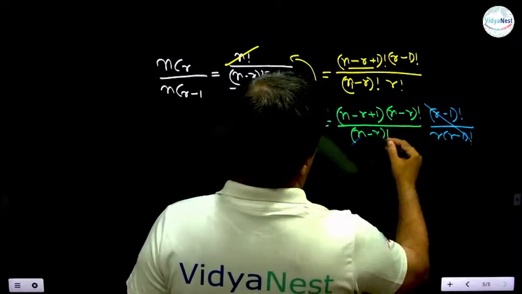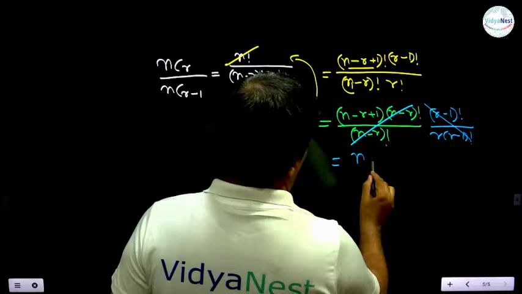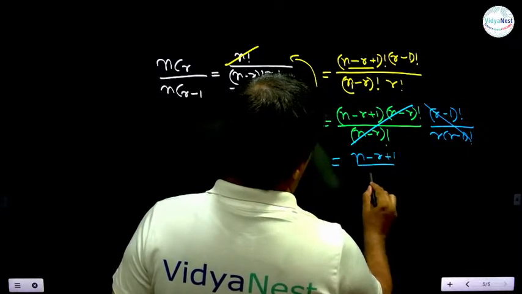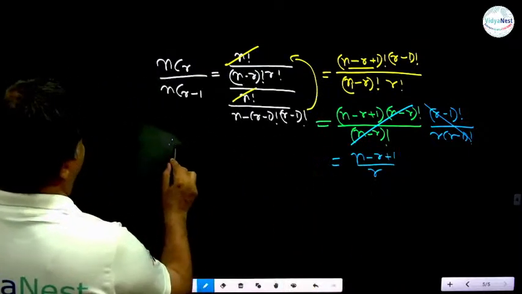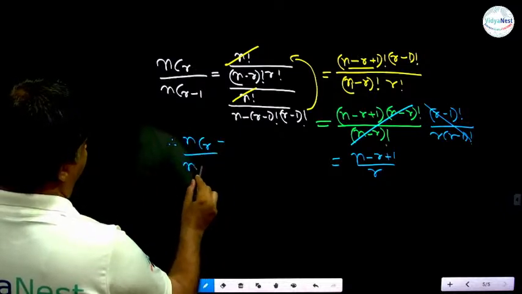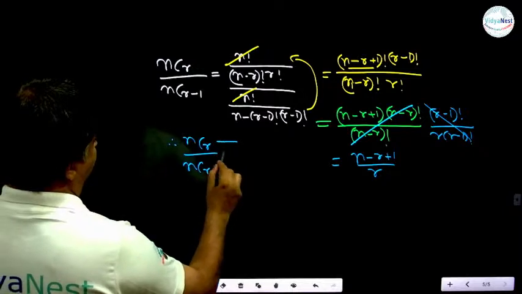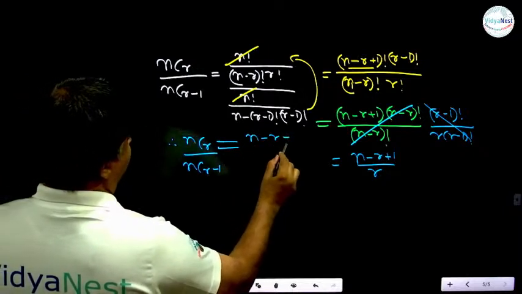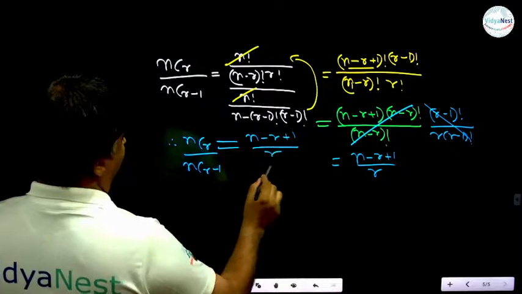Cancel, cancel. You have got a new result, n minus r plus 1 by r. So nCr by nCr minus 1 is equal to n minus r plus 1 by r.